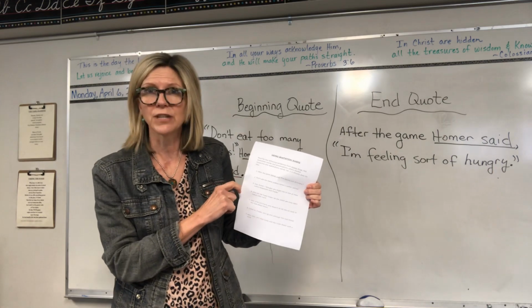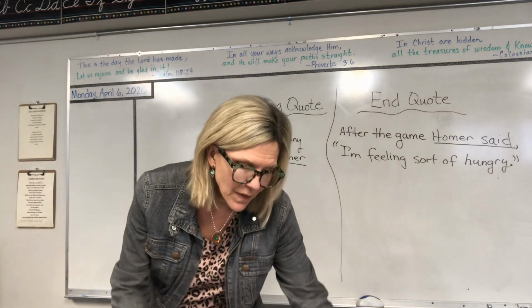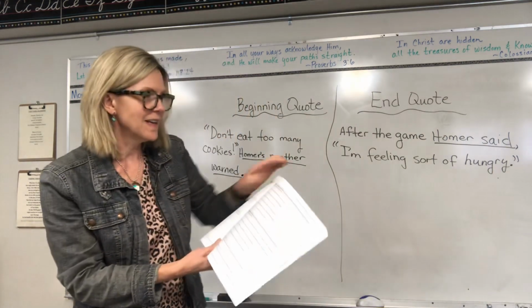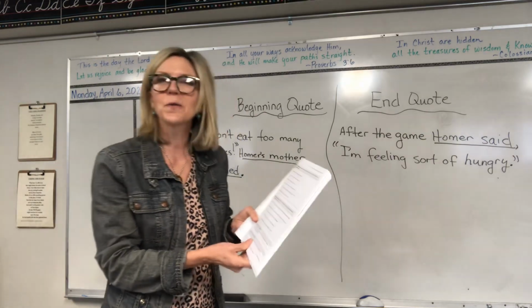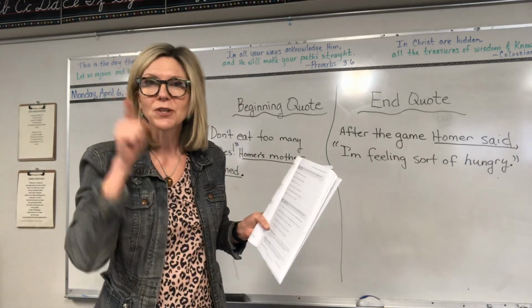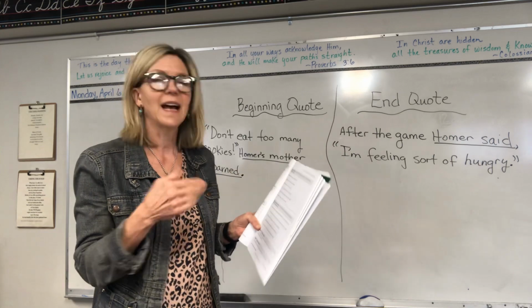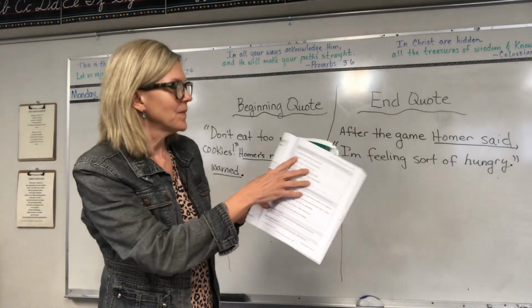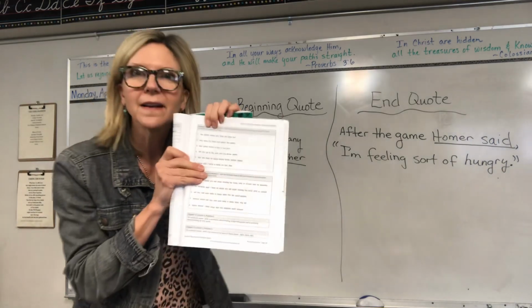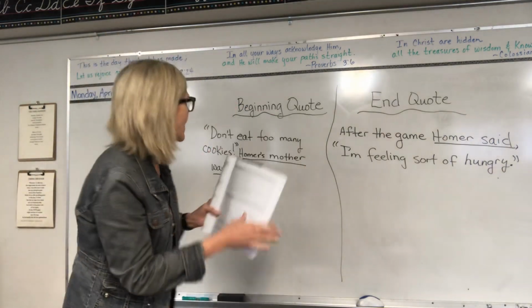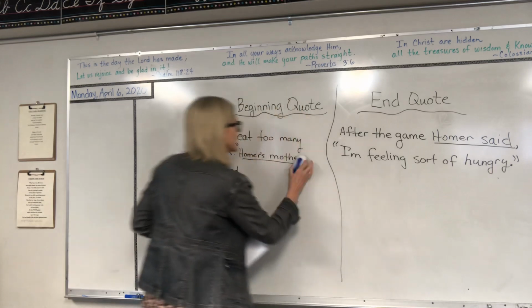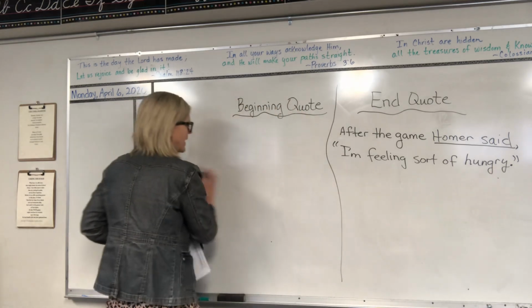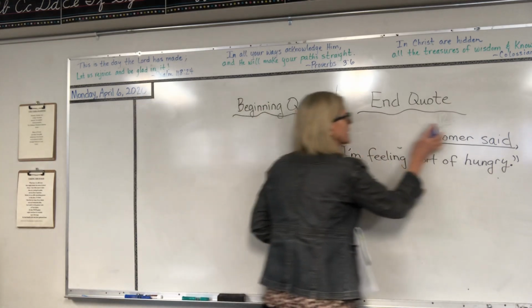But in the book, they leave all the grammatical corrections up to you, and I want you to get them correct. Don't leave them out. So the very first one, I'm just going to write it up here and show you an example. And then we'll be done with this, okay?